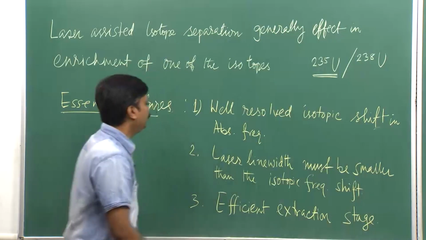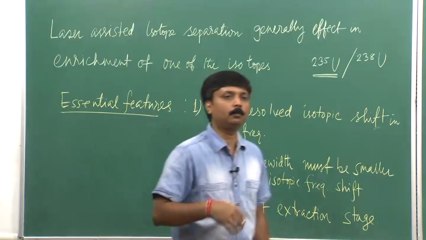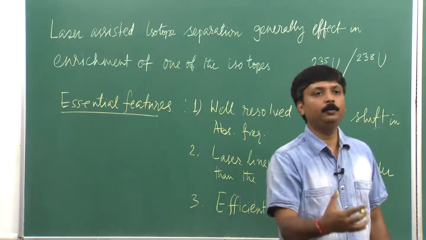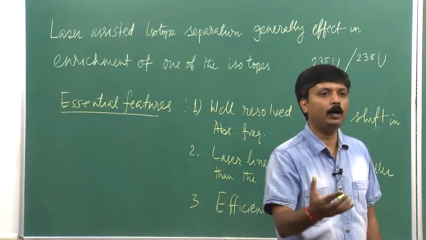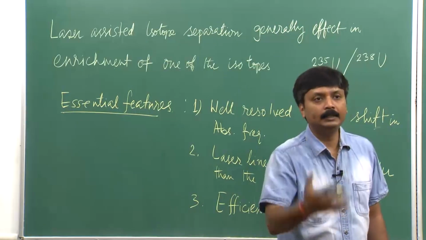What does that mean? Whatever the laser does with the isotope, it will probably give you a different product having that particular isotope. It can produce that in an excited state.